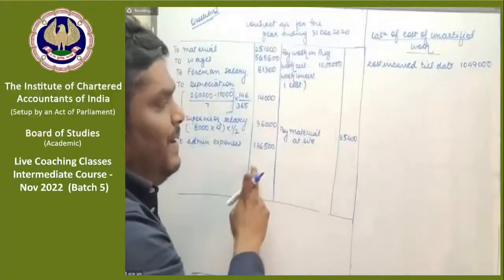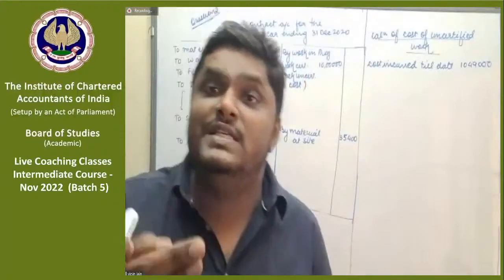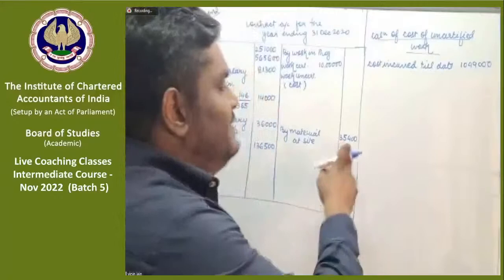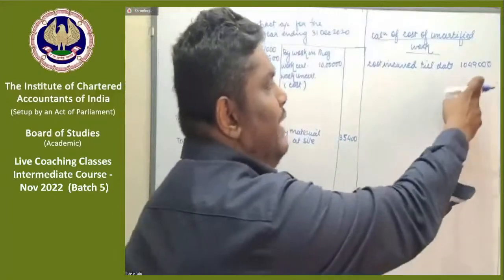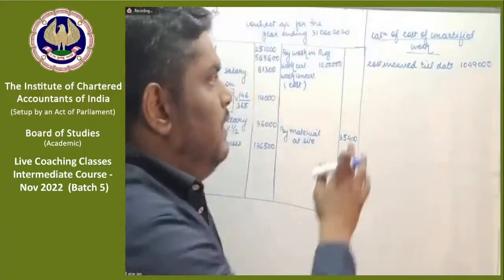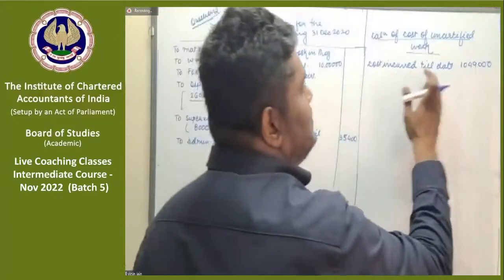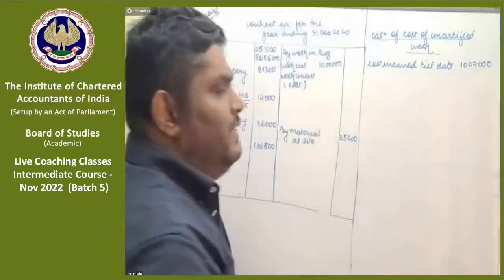The total of the debit side minus the material not used by year end, that is 35,400, is deducted to get 10,49,000.